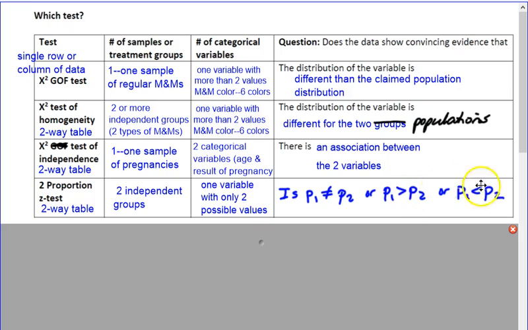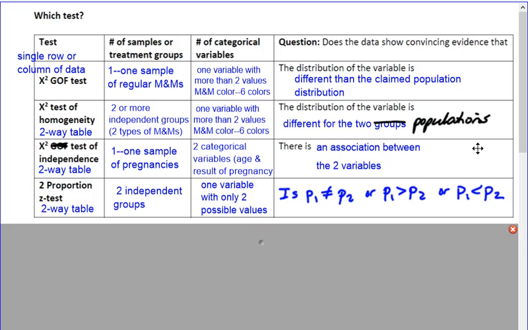Is one greater than the other, or is one less than the other? If we had only 2 M&M colors, say blue and orange, we could pick either of the colors and say, is the proportion of blue M&Ms the same for both groups? If that's all we cared about, or that one color versus the rest of the colors, we could do a 2 proportion z-test.